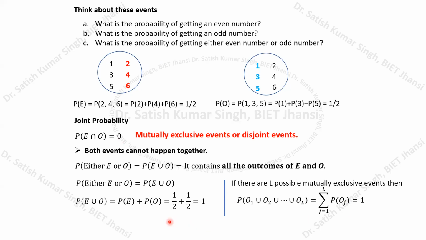This follows from the same explanation: the probability of getting an even number plus the probability of getting an odd number, which are two mutually exclusive events, sums to 1. So with L such mutually exclusive events, the sum of the total probability is again equal to 1.